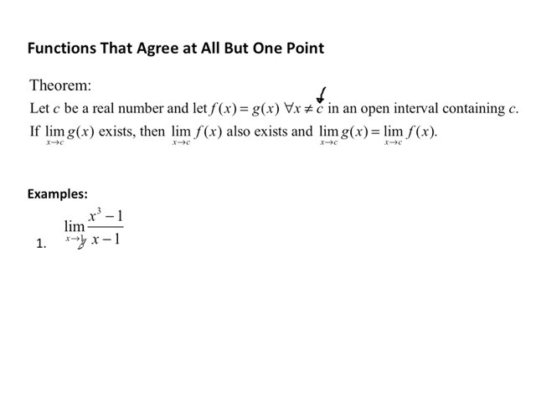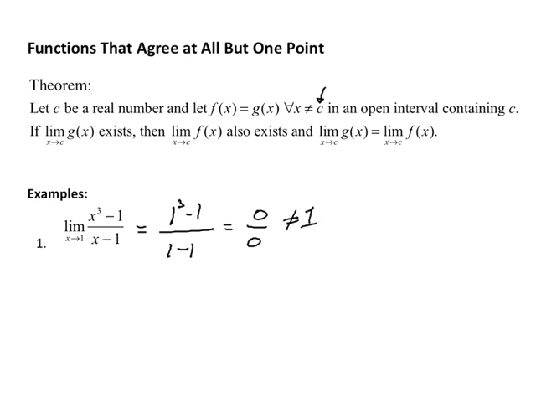Let's take a look at the limit as x approaches 1 of x cubed minus 1 over x minus 1. Well, we know this is a rational function, so really all I have to do is evaluate this at x equals 1. When I do, I'll get 1 cubed minus 1 divided by 1 minus 1, which is 0 over 0. Now, just as a reminder, this is not equal to 1.